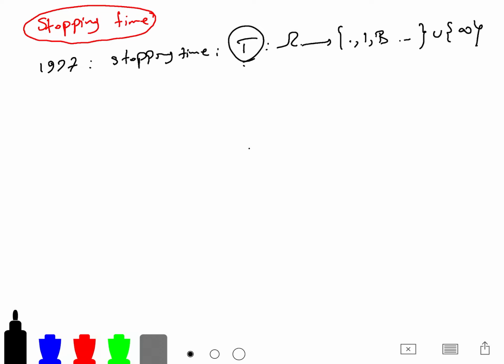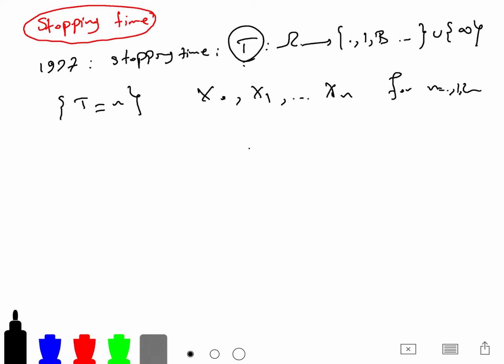This random variable T is called a stopping time if the event {T = n} depends only on X_0, X_1, up to X_n, for n equal to 0, 1, 2, and so on. So while watching the process, you know the time when T occurs. If you are asked to stop at T, you know when to stop.